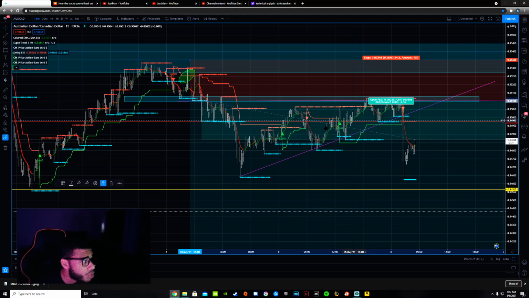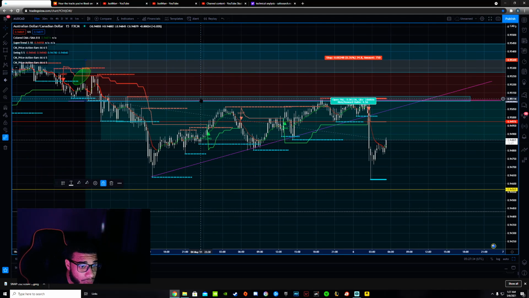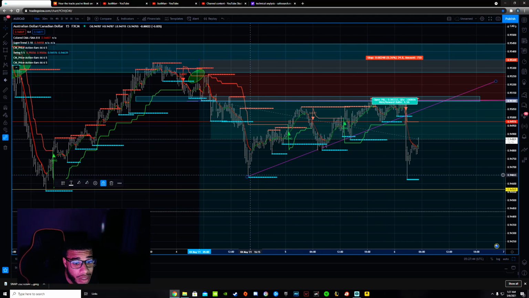bearish ascending triangle. So basically what that is, there's a point of resistance, which would be right here in this little box. And there's going to be an ascending trend line, which price keeps hitting, and it forms higher lows.